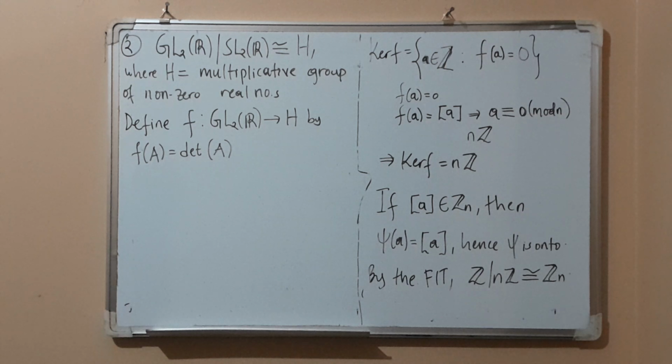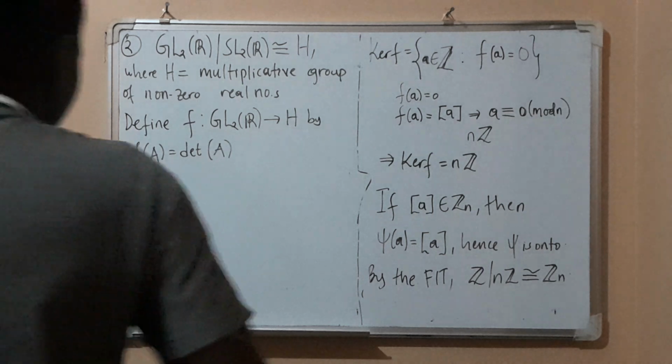By its structure, it consists of elements whose determinants are not zero. So matrices which are invertible. So we are going to show that SL2 is the kernel of that map.